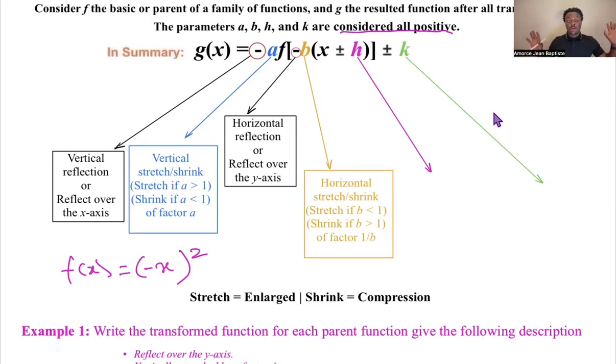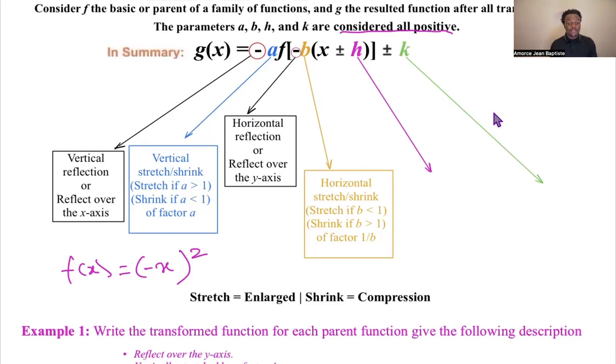But when I say smaller than 1, I'm not talking about the negative sign. We already discussed the negative sign that could or could not be in front of the B. We'll talk about the B itself, separated from the negative sign. Less than 1 means that you have a horizontal stretch. Greater than 1, you have a horizontal shrink, also called compress.